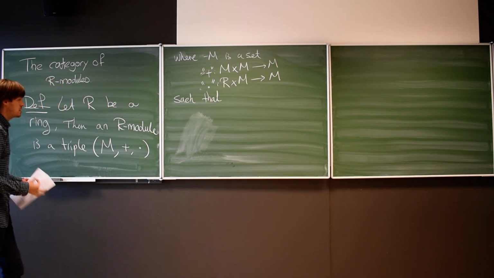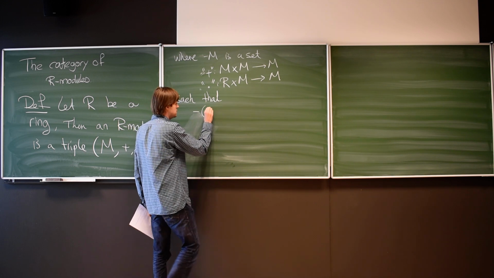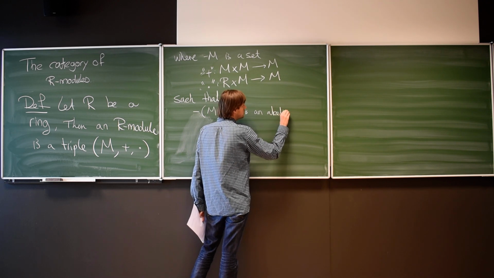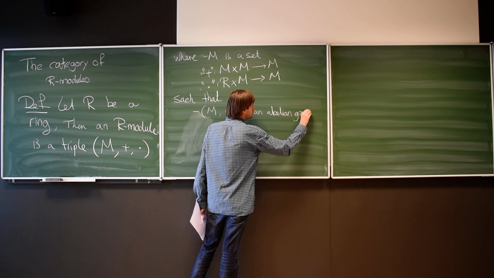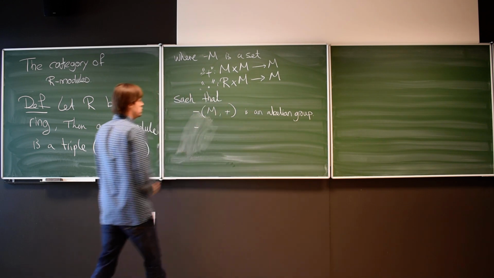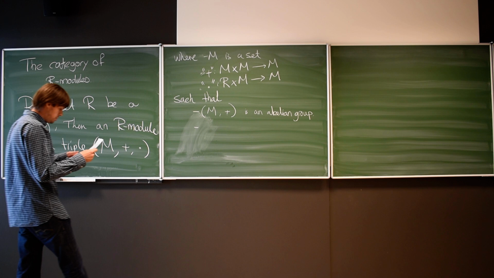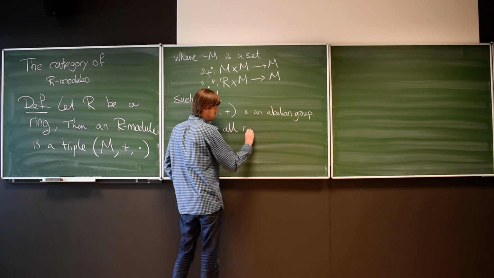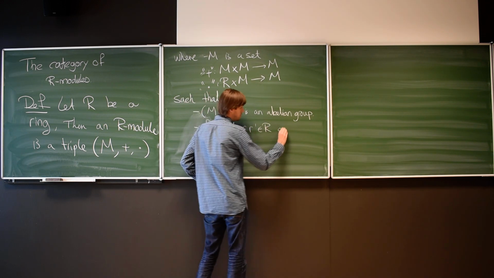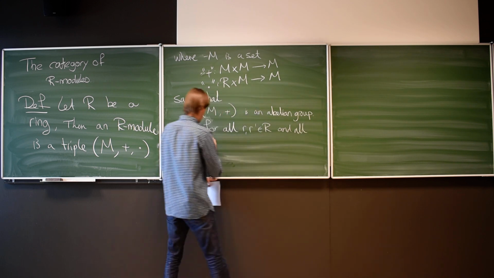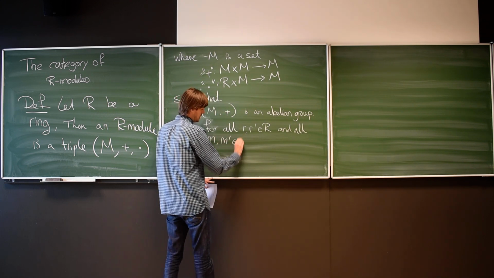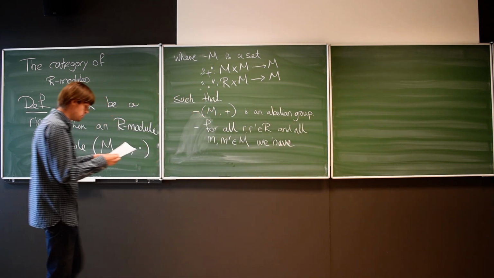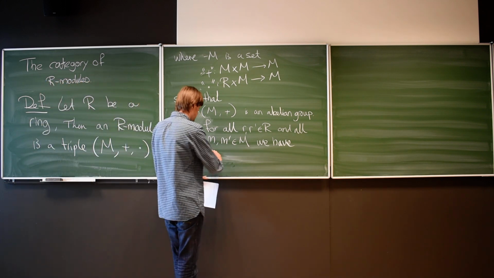the following axioms hold. I first ask that the pair M comma plus is an abelian group. So this addition really satisfies the axioms of a group. And then for all r prime and r, and all m and m prime in M, we have basically the usual rules of arithmetic.